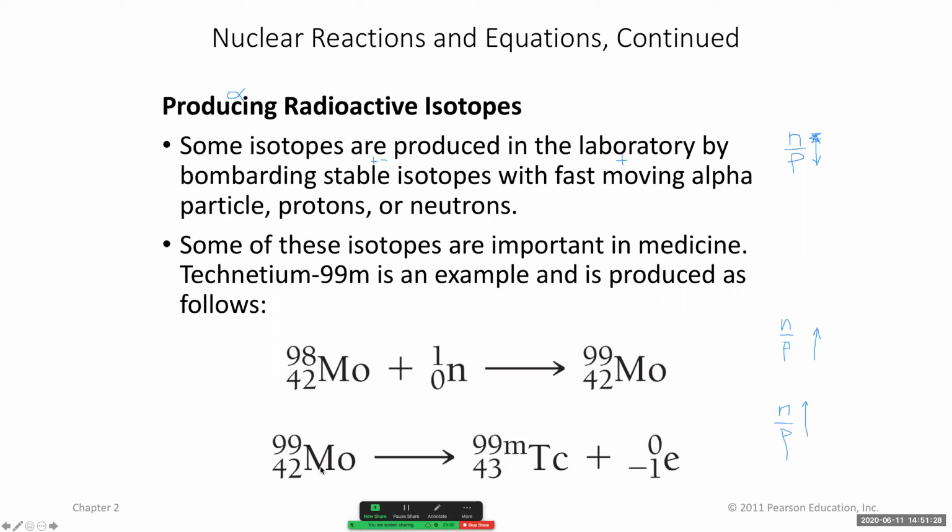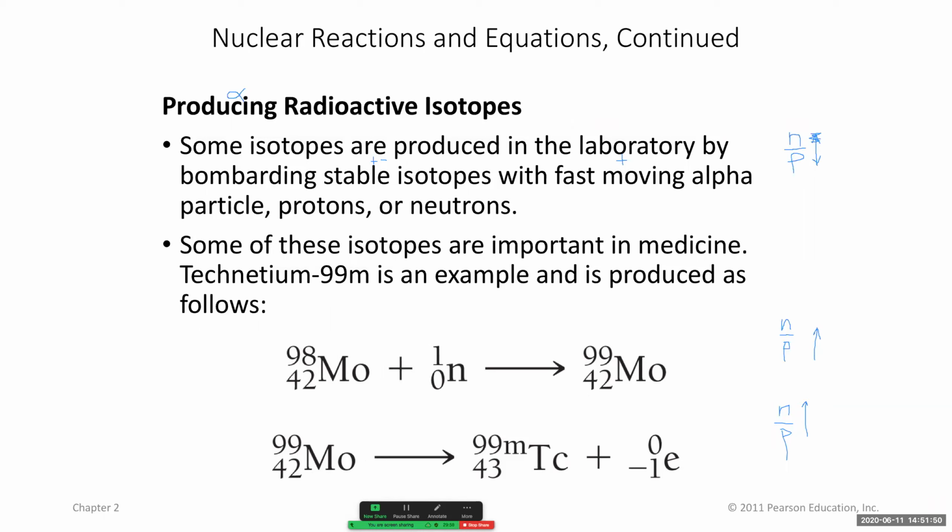And then molybdenum 99 is radioactive, and with beta emission it turns into technetium 99m. The m there means it's metastable. That means it's kind of a weird nucleus in between 98 and 99.